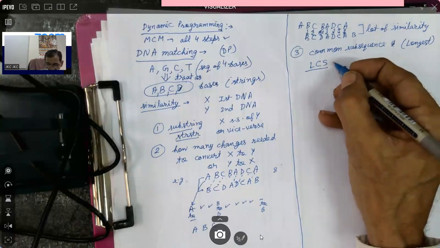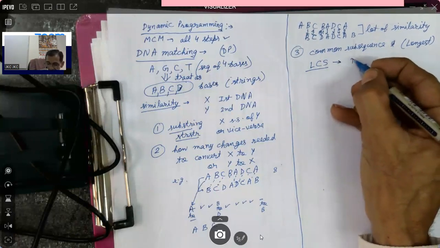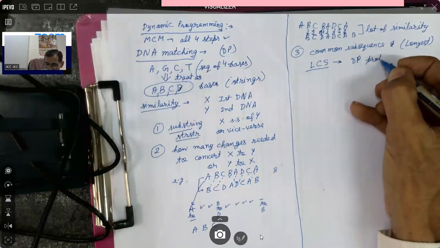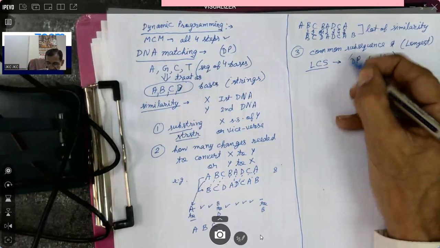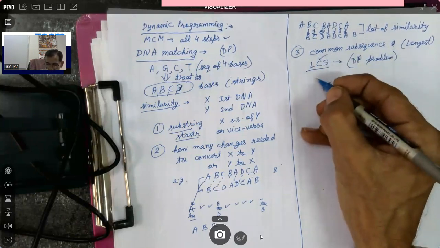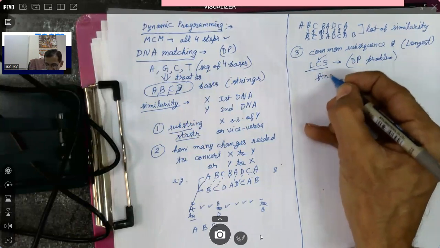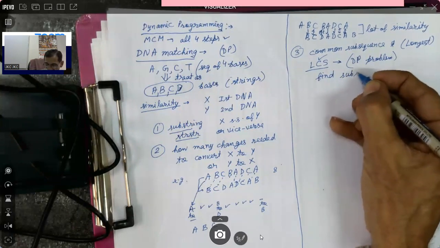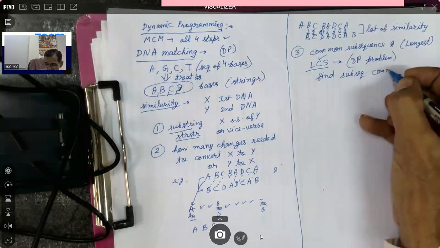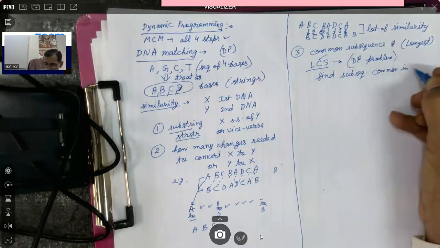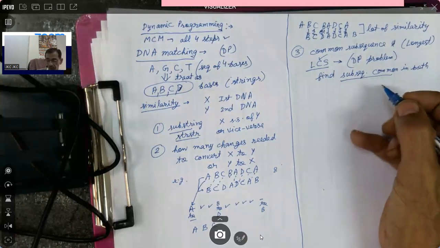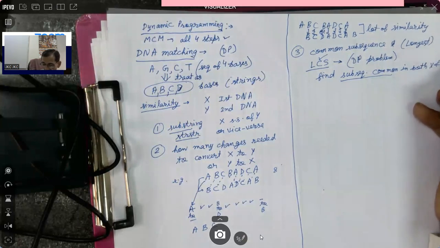Now I connect DNA to my DP, because LCS is a DP problem and a DP solution is possible for this problem. So longest common subsequence means we should find the subsequence which is common in both. And what do we mean by subsequence? That we will understand. I want to know the subsequence which is common in both X and Y.